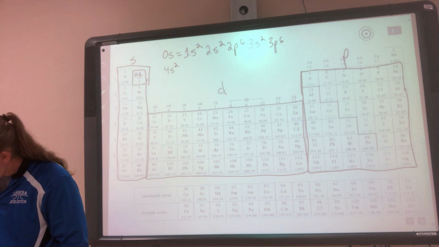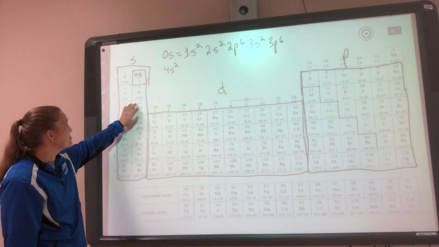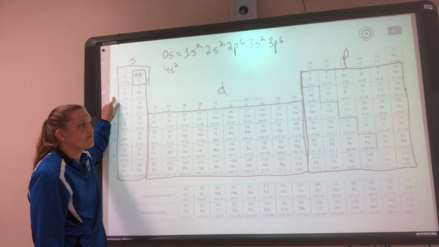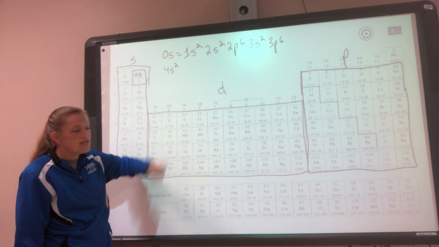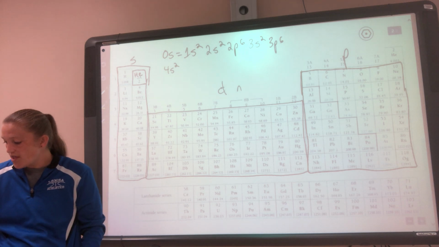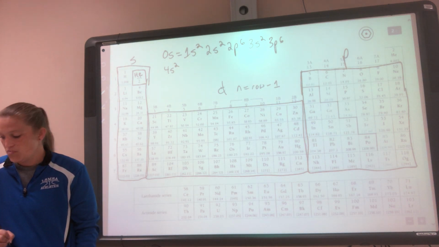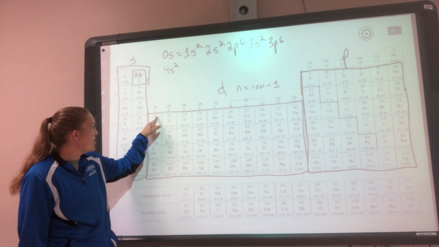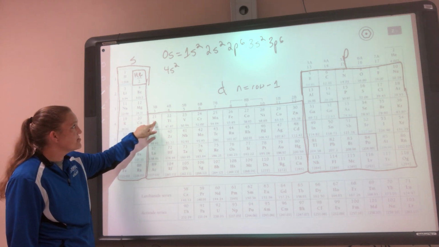is my d block. Now remember, the d block was special. For the s block, the n number, which is the number that goes in front, matches the row. For the p block, the n matches the row. But for the d block, the n is the row minus 1. Okay? So here I'm at 21 because I've already done my 4s2, so now I'm here.